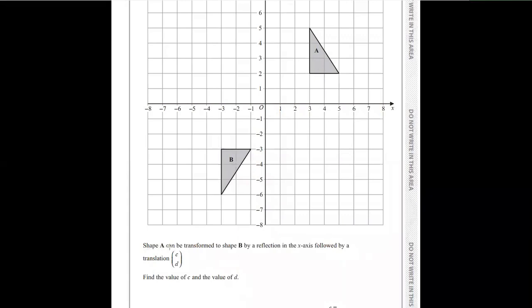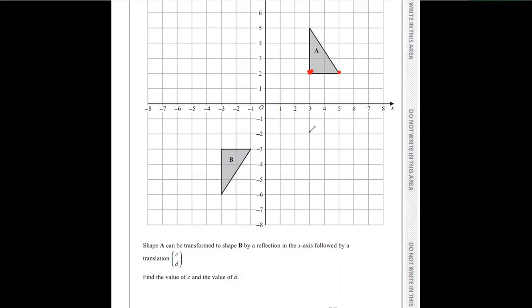Question number 5. Shape A can be transformed to shape B by reflection in the x-axis followed by a translation. But first of all, the shape is reflected. So if this is reflected, I can see that this one is 2 above, and then this one is 1, 2, 3, 4, 5.